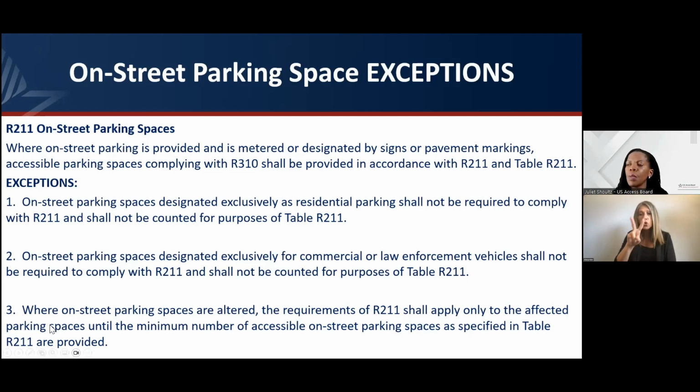And again, they don't need to be counted for the purpose of determining accessible parking requirements. And lastly, where on-street parking spaces are altered, the requirements of R211 shall apply only to the affected parking spaces until the minimum number of accessible on-street parking spaces as specified in Table R211 are provided.